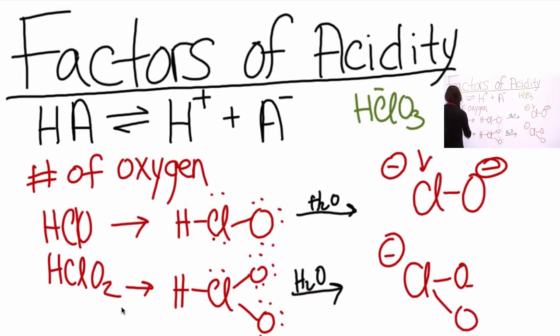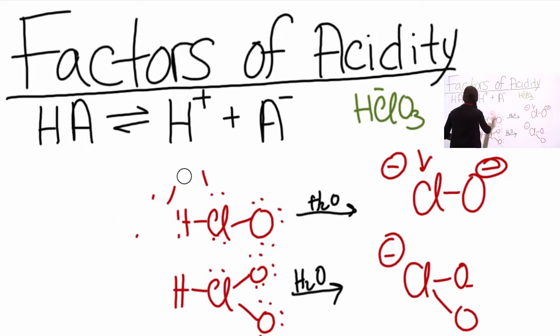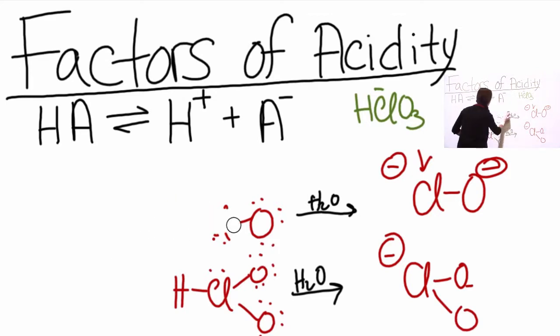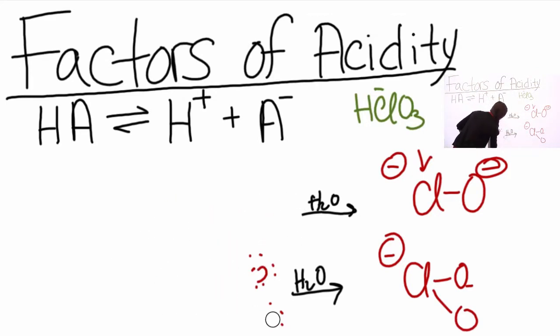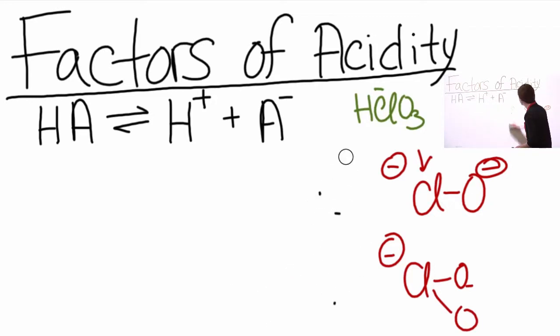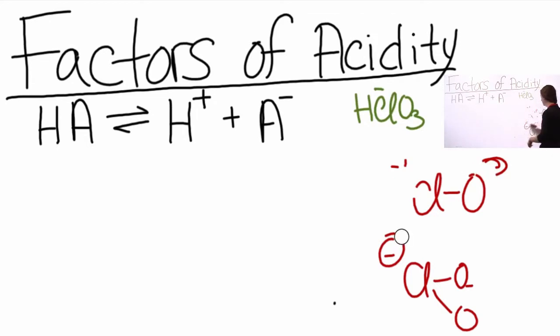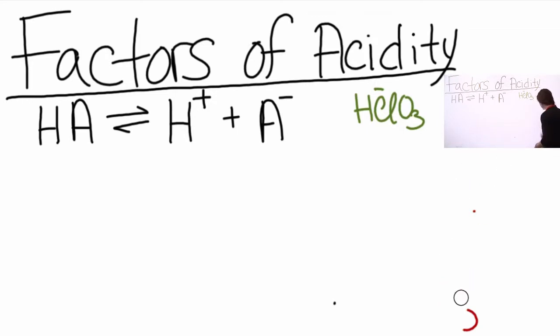Alright, so the next thing we're going to talk about is the effect of bond lengths on your acidity. And so the important thing to note about bond length is that it follows a periodic trend. So as you go down the periodic table, your molecules are going to get bigger and bigger, and so the size of your atoms is going to increase.